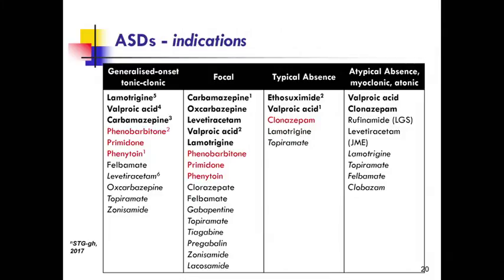That is why they are one. So typical: ethosuximide, valproate, clonazepam if the patient can tolerate the adverse effects, and then lamotrigine and topiramate. And then you have the other ones there for collapse.